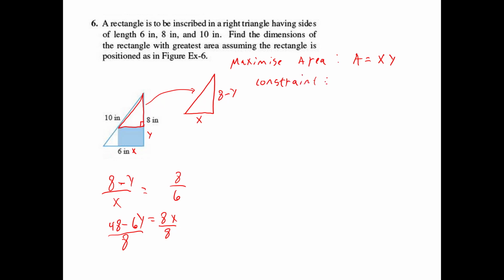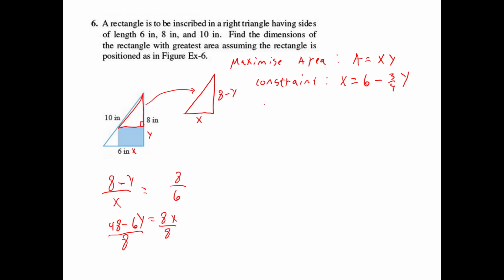And our constraint is that x has to equal 48 minus 6y divided by 8. To make that easier, the 48 divided by 8 is 6, and 6 divided by 8 reduces down to 3/4. 6 minus 3/4 y.